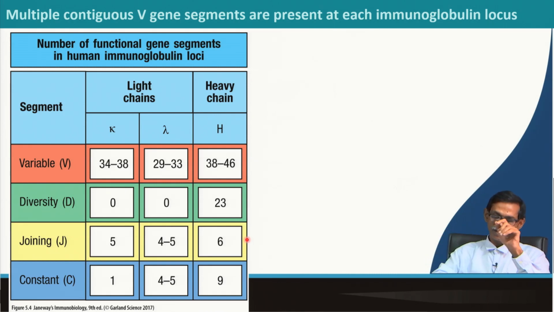So, here is the magic. It was discovered that in our chromosome we have multiple copies of the variable region, multiple copies of the diversity region, multiple copies of the joining region, which actually makes the antibody more specific, with different specificity against different antigens. I do not remember exactly, but I will repeat again.